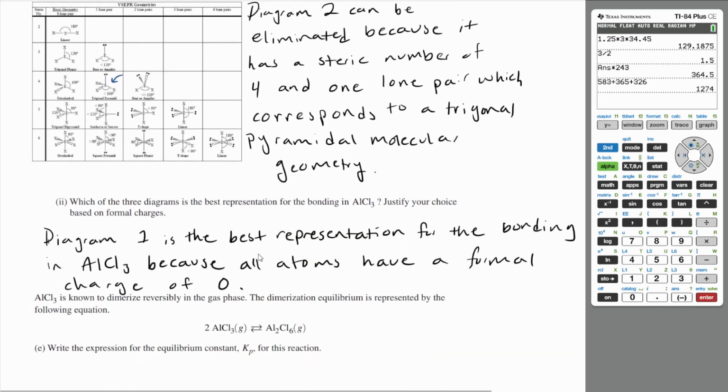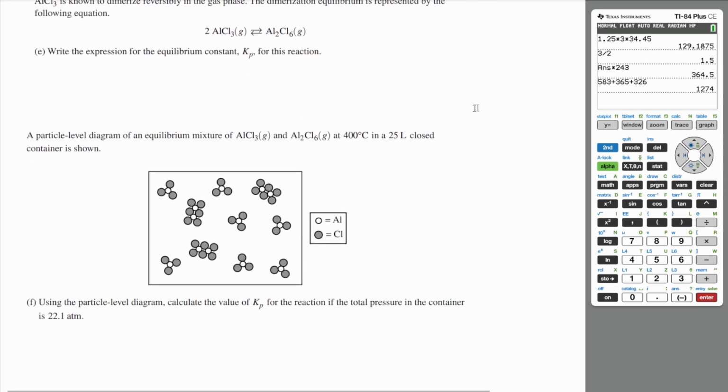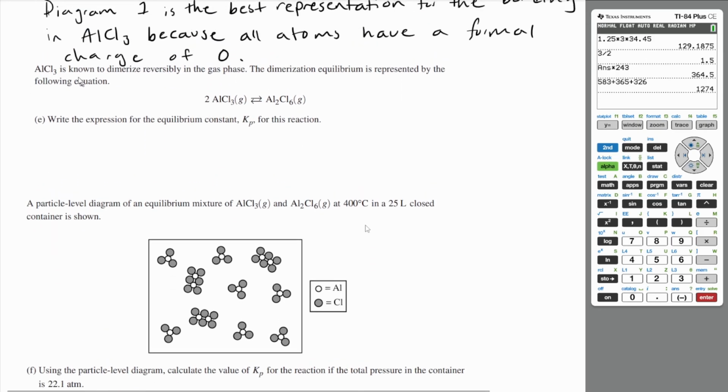All right, let's move on to part C. Aluminum chloride is known to dimerize reversibly in the gas phase. The dimerization equilibrium is represented by the following equation. Dimerization is just like 2 of them combining to form one bigger molecule. So E says write the expression for the equilibrium constant Kp for this reaction.